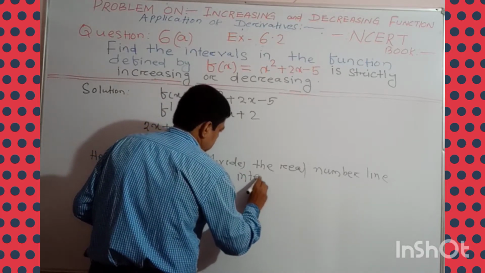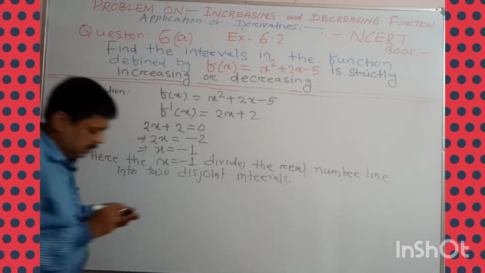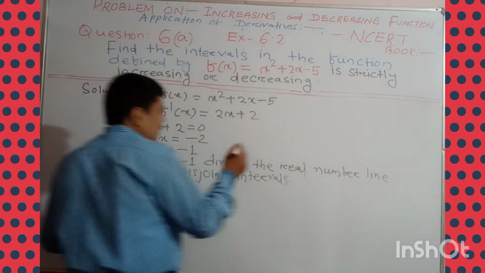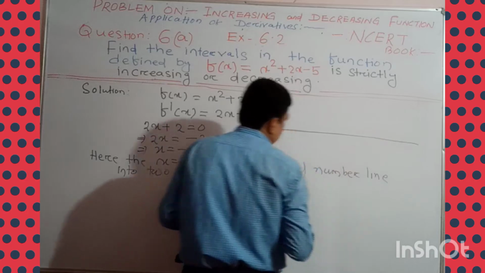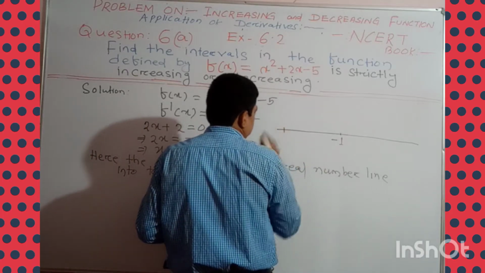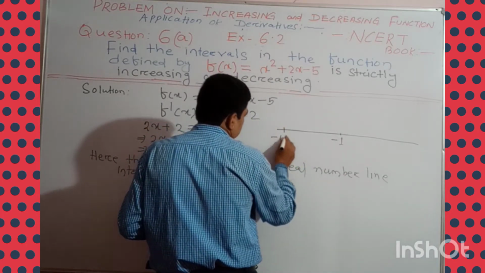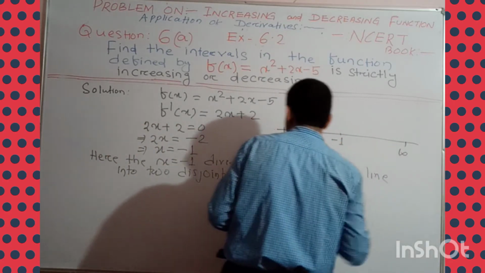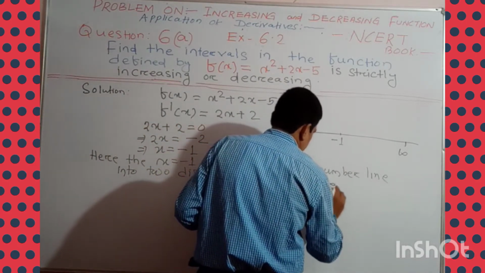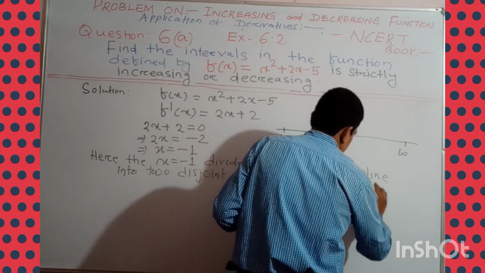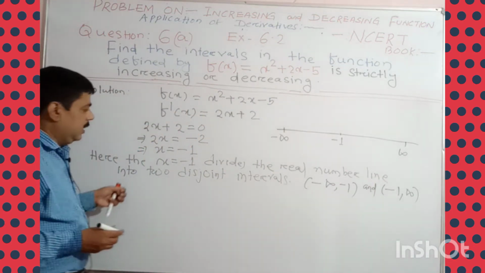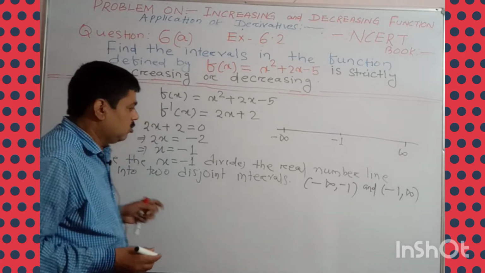This is the real number line and this is the value -1. It is divided into two disjoint intervals: one is minus infinity to -1, and the other is -1 to infinity. So the real number line is divided by x = -1 into two disjoint intervals.